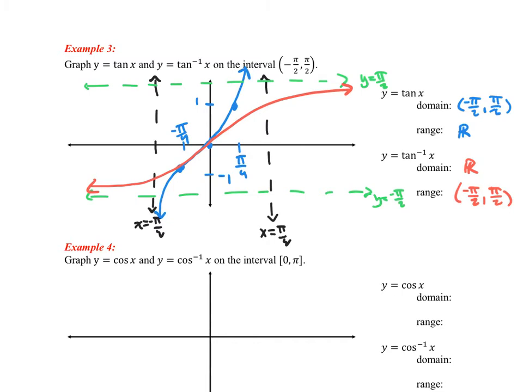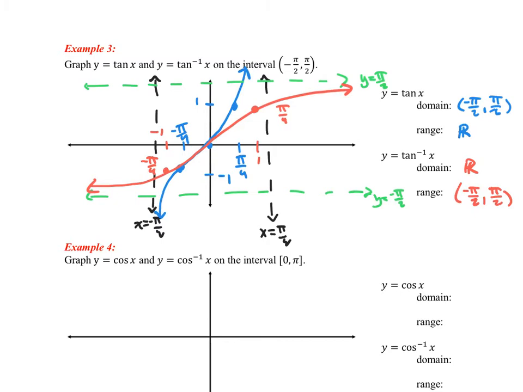Where, right about here at 1, this would be the output pi over 4. And right here about negative 1, this should be the output negative pi over 4. It's not perfect to scale, but that's what arctangent would look like.